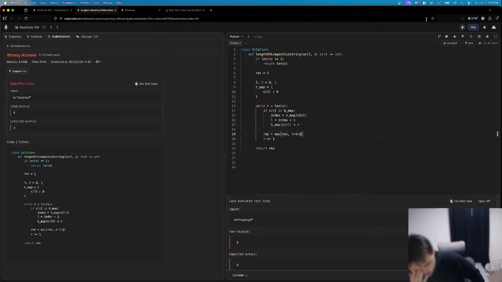Okay, let's try to, z x y z, right? So we have hash map.